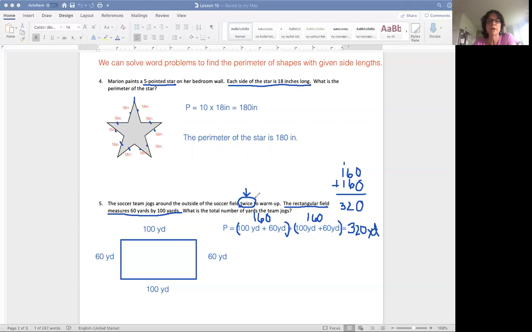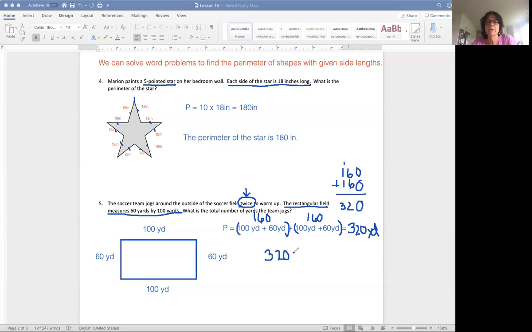They didn't just run around the soccer field once, they ran around it, remember, twice. So they did 100 plus 60 plus 100 plus 60, which is 320. Then they did that again, 100 plus 60 plus 100 plus 60. They did that twice. So I could now add 320 plus 320. So you could write that same number sentence out again if you want, like we did before.